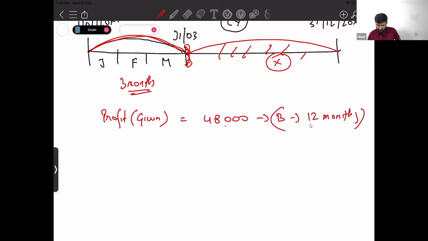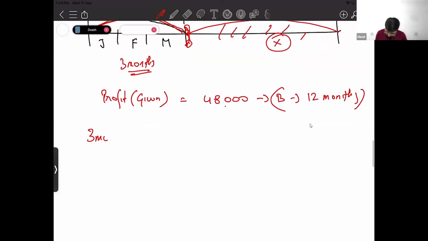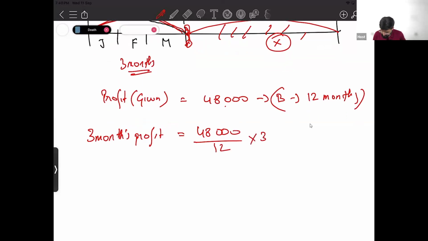Last year's profit. So now we have to calculate 3 months profit. If the profit for one year is 48,000, divide by 12 and multiply by 3. So 3 months profit is 12,000.